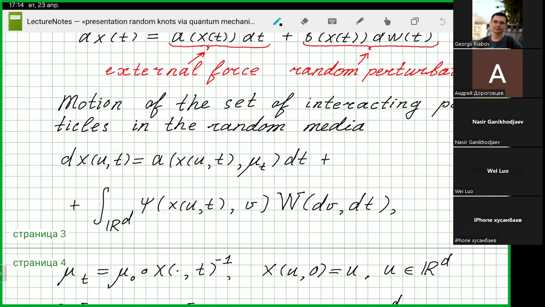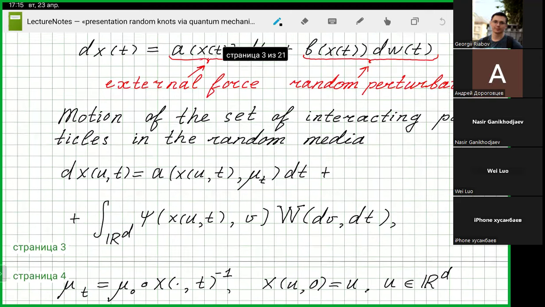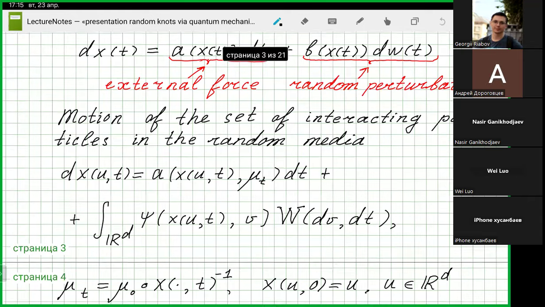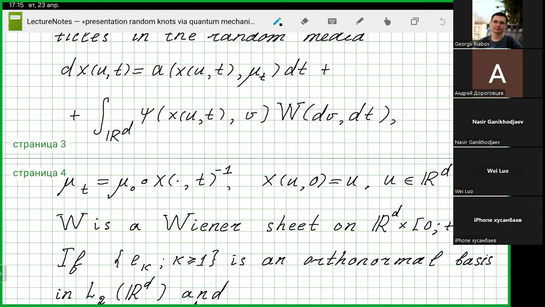And here you see a new element compared to the diffusion equation. This capital W, which is a Wiener-Schmidt measure on R^d times [0, +infinity).